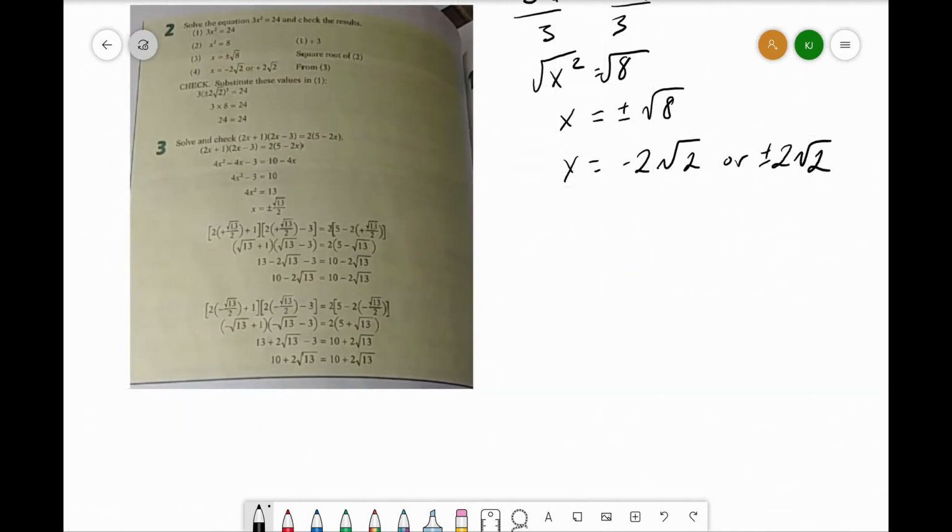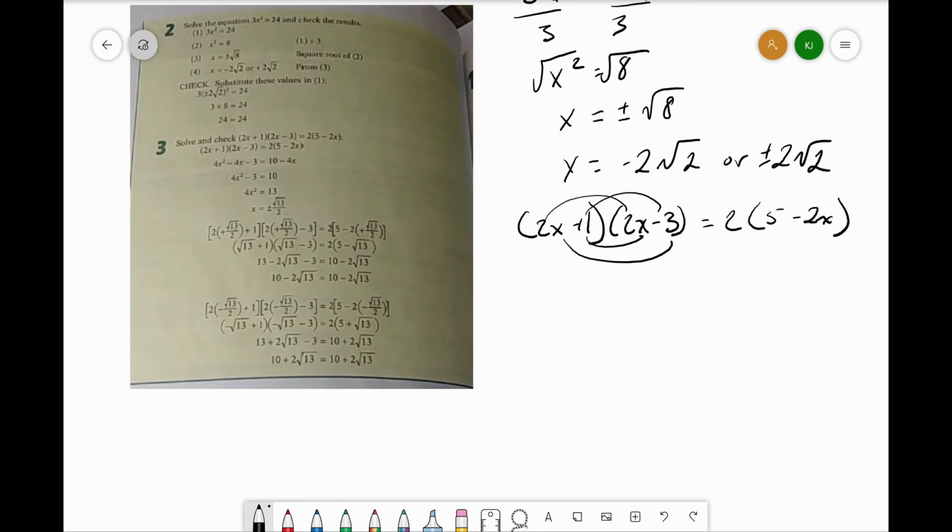Our third equation to solve is 2x plus 1 times 2x minus 3 equal to 2 times 5 minus 2x. For this, we're going to go ahead and FOIL so that we get 4x squared minus 4x minus 3.